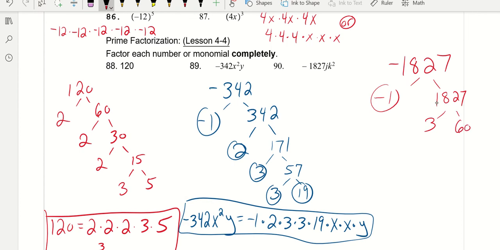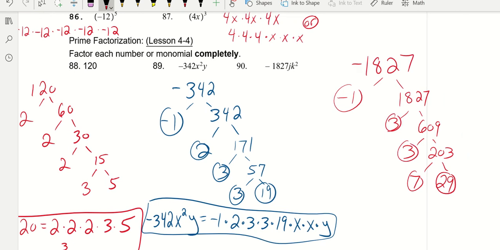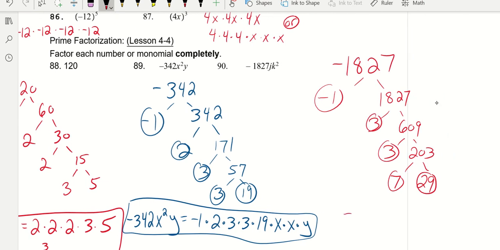It'll be 609. This is also divisible by 3. Check using your rule of 3, right? So 203. This is not divisible by 3, nor 5. It is divisible by 7, though. 7 and 29. 29 is prime. I'm not going to give you one this hard on your test, so.